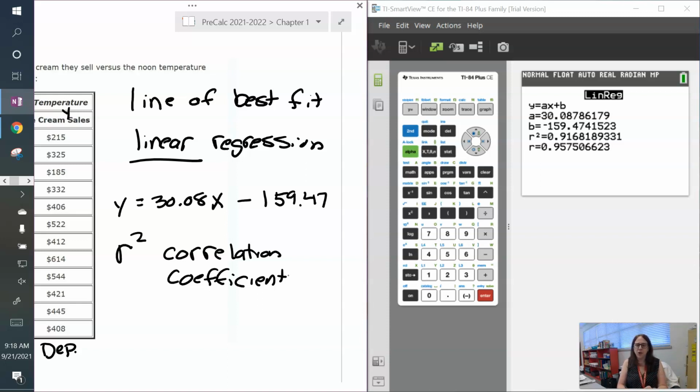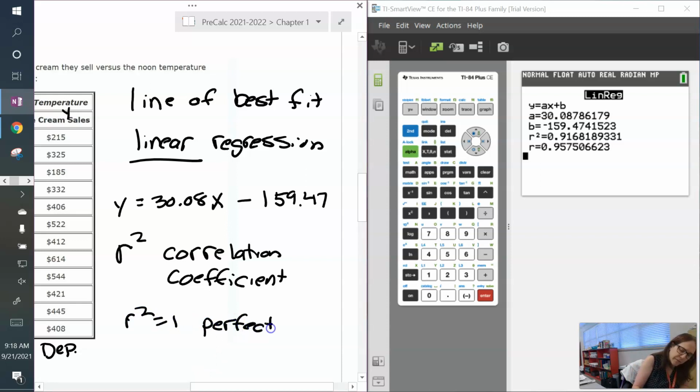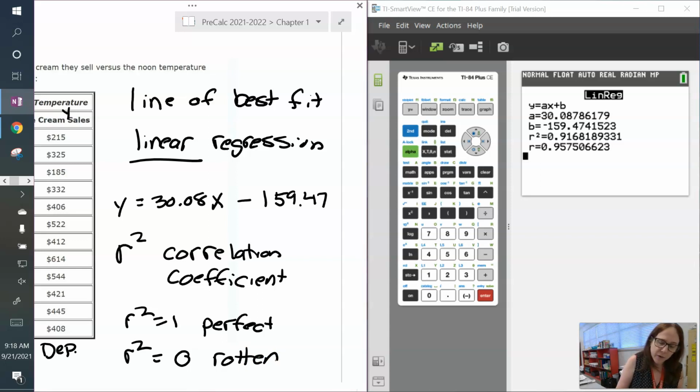If your correlation coefficient is 1, that means it's a perfect match. So r squared equals 1, perfect. R squared equals 0, that's a rotten correlation. That means your line didn't come close at all. So now that we have our equation, we know our r squared, let's take a look at the graph.